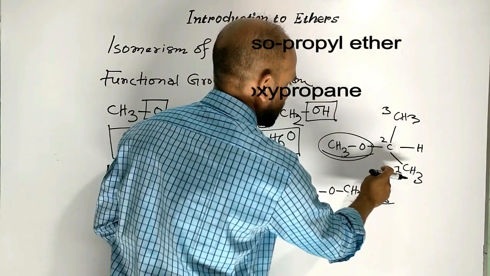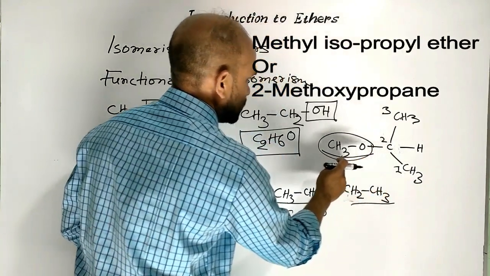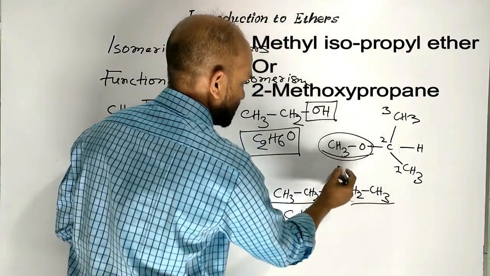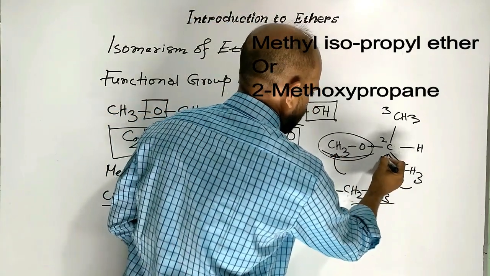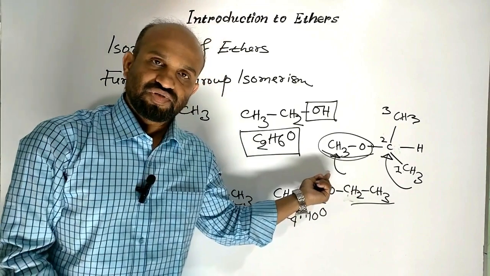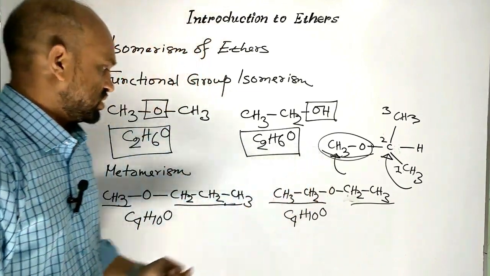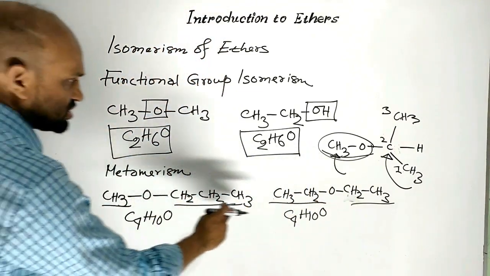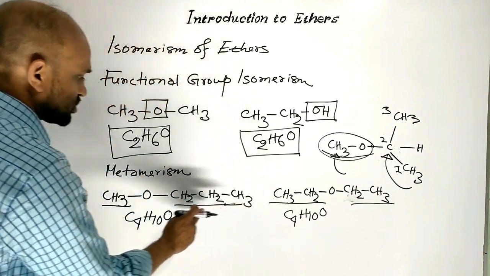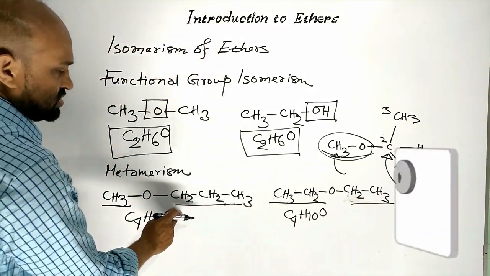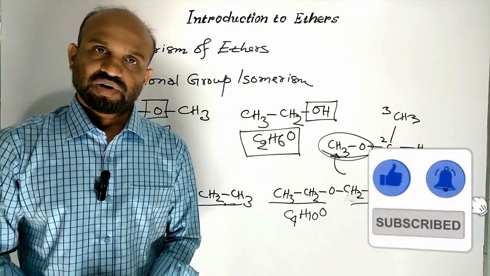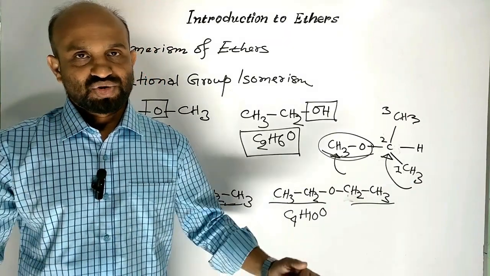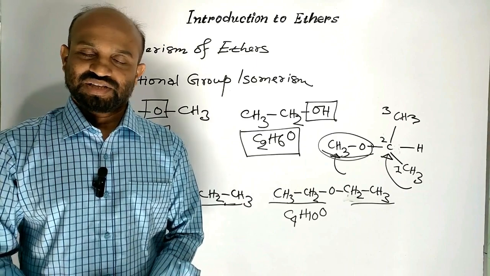So its name will be 2-methoxypropane. Here a methyl group, this is an isopropyl group. Two different alkyl groups. So these ethers are metamers of each other. That is, ethers show metamerism as well. Introduction to ethers. Thank you very much.